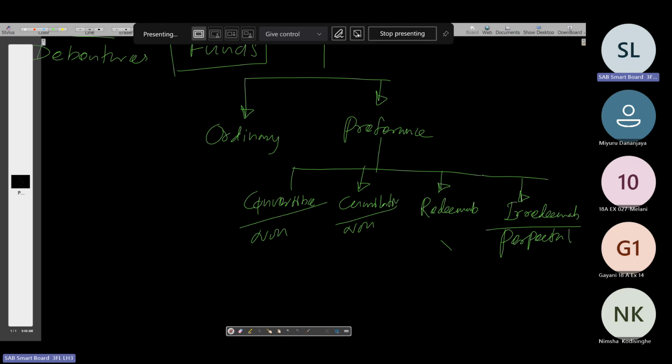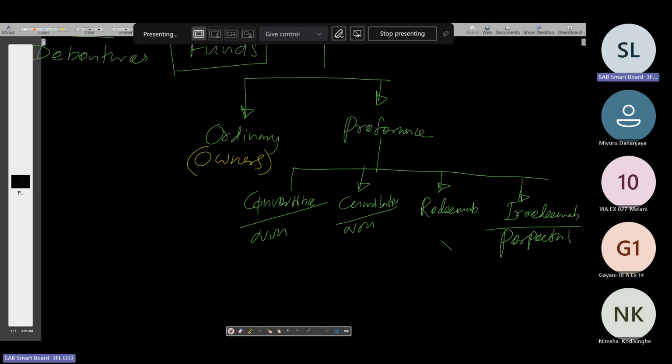Now, we can consider ordinary shares with preference shares. When we consider the ordinary shares, they are the real owners of the company. They will receive the residual profits after paying preference shareholders and creditors.